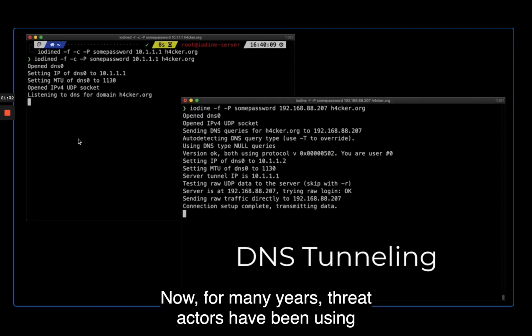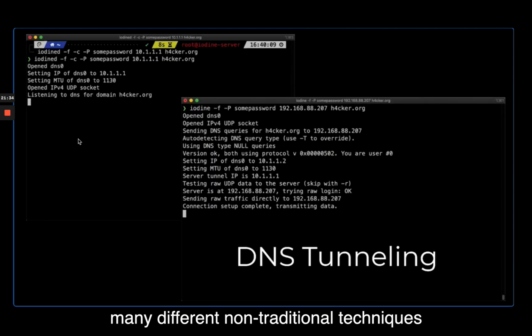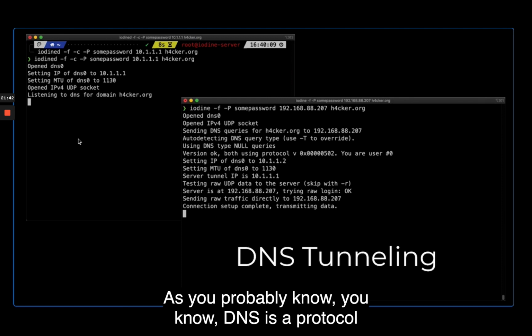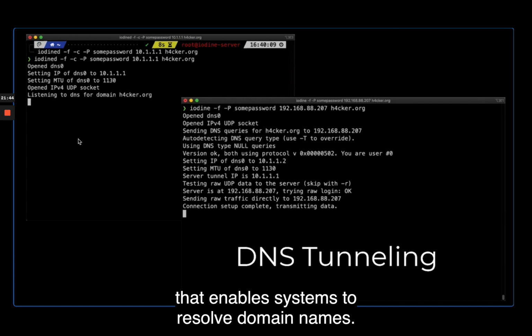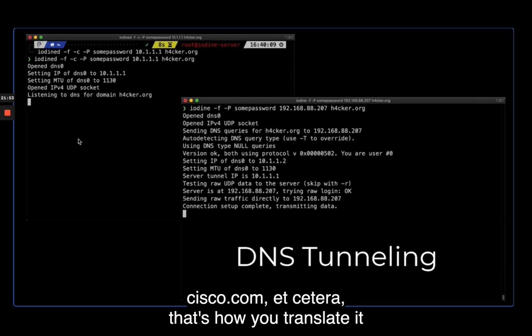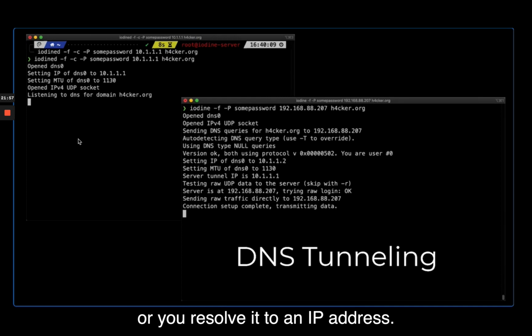Now, for many years, threat actors have been using many different non-traditional techniques to steal data from corporate networks. That includes things like DNS tunneling, right? As you probably know, DNS is a protocol that enables systems to resolve domain names. For example, if you want to resolve hacker.org, cisco.com, etc., that's how you translate it, or resolve it, to an IP address.